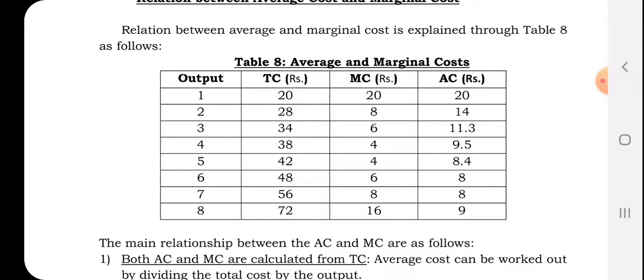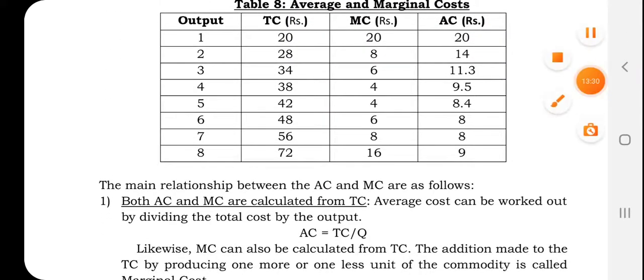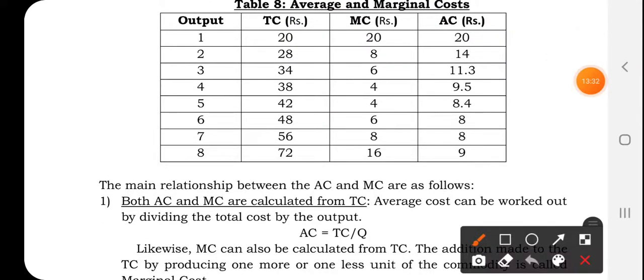You can see that when average cost is decreasing, marginal cost also declines. When average cost increases, marginal cost also increases. And at one point you can see that the marginal cost and average cost are equal.